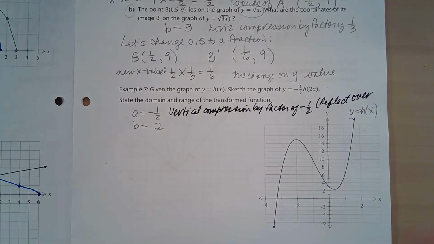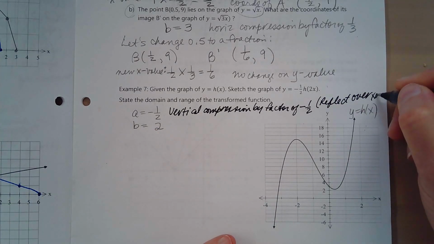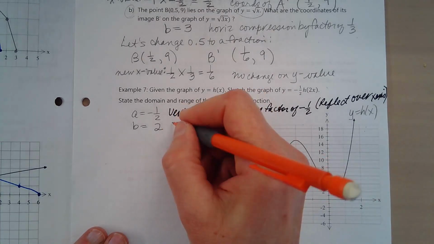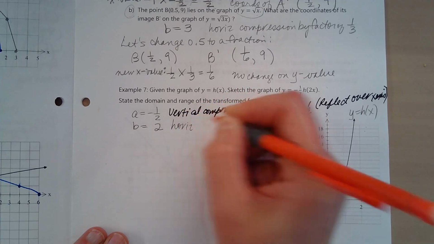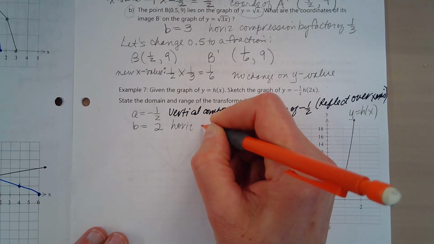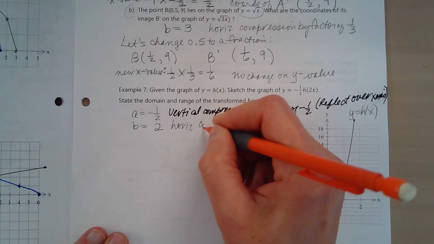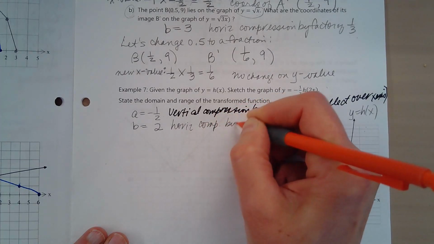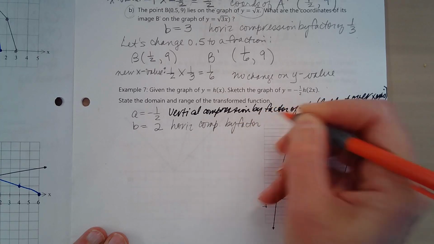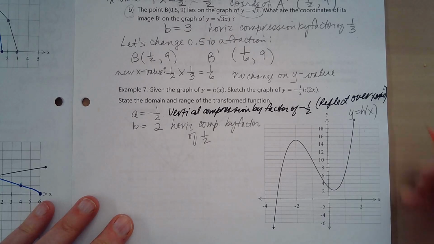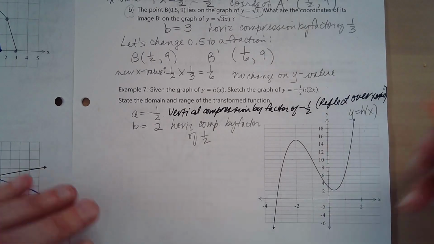All the y's become their opposite, right? X-axis, right? I think this is too dark. I'm going to go back to pencil. What does the b represent? Horizontal compression by a factor of, because it's going to get smaller, right? 1/2.